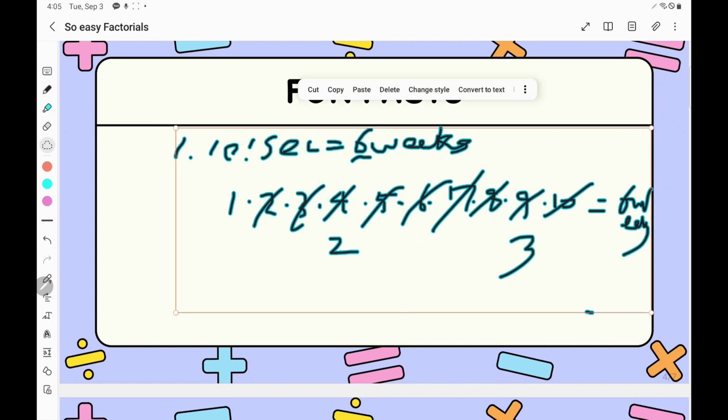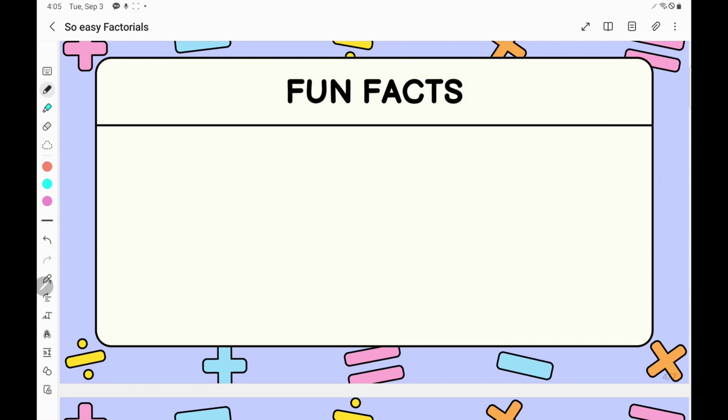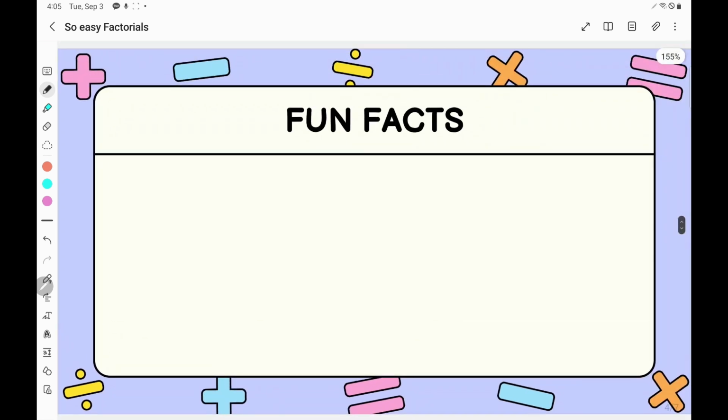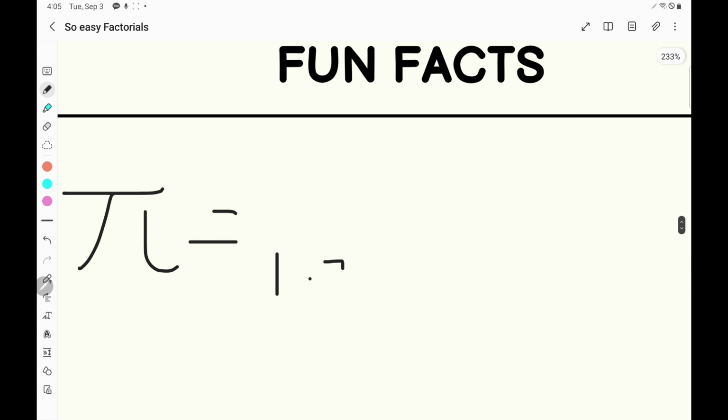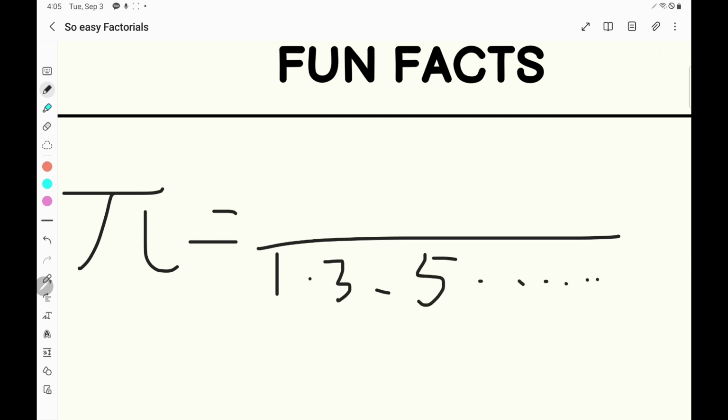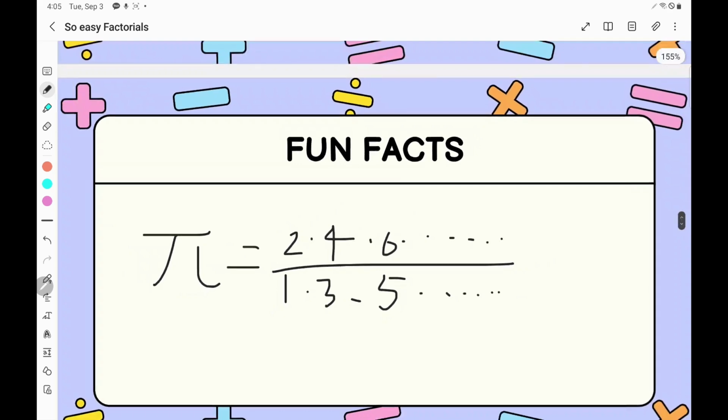And now, this is not about factorials, but this is very important in mathematics these days. If you take a look at it, this is very interesting. We're going to take a look at pi. Pi is actually 1 times 3 times 5 times and so on, all the way, divided by 2, 4, 6, and so on.